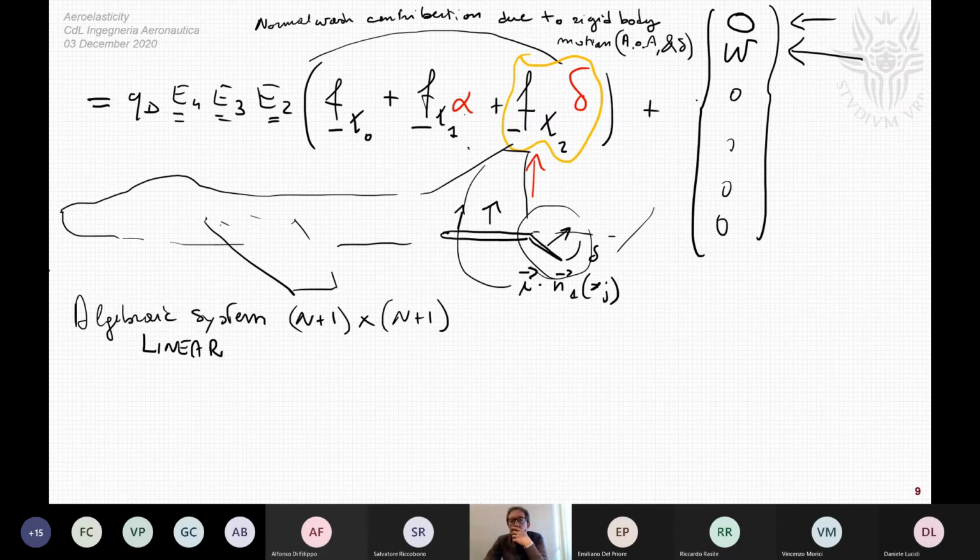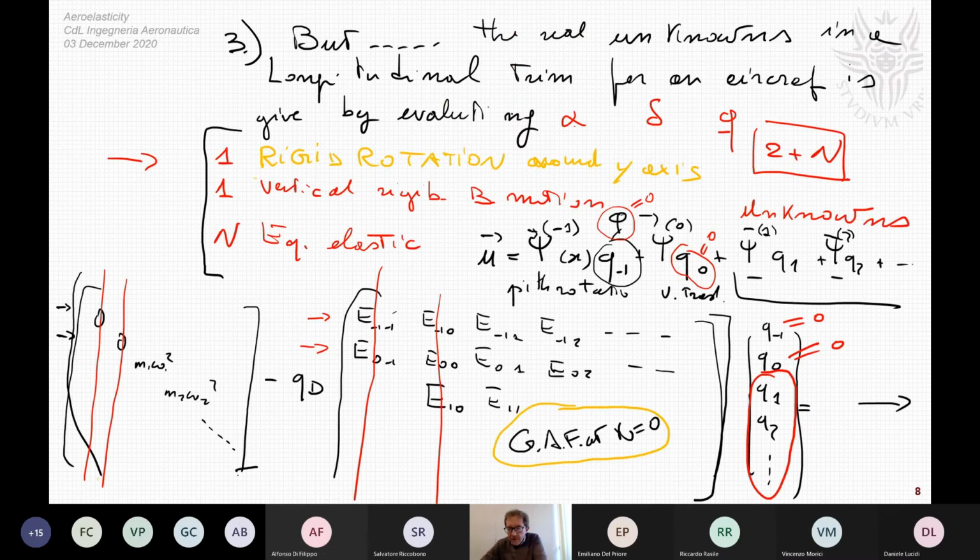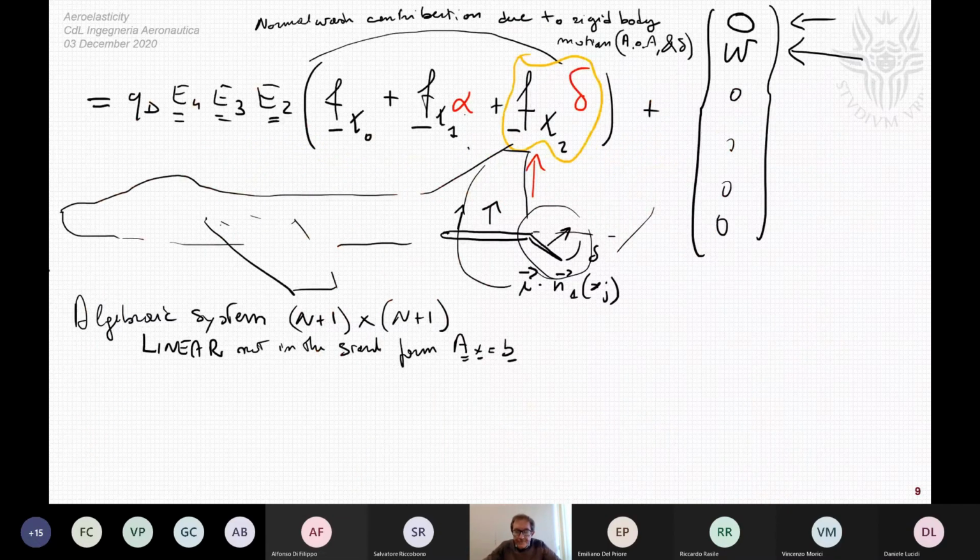Of course, you can't see this system in a standard form like Ax equal to b, because you have two unknowns here multiplying this vector and the other unknown here as Lagrangian variable, but overall you have all linear relationships, and then you can recast this equation in order to have a system in this form here, but the system is absolutely linear.